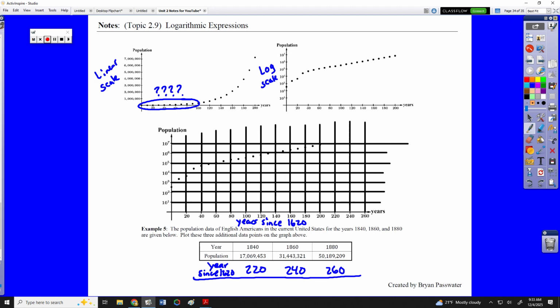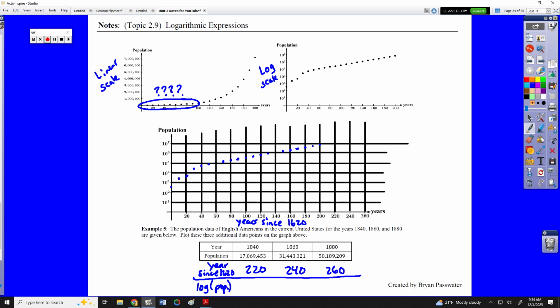Okay? And right now, we have this data here that has already been graphed for us. So now we're going to add 3 points to this graph. And those 3 points are these populations. Okay? So 17,069,453. If we take the log of that population, that tells us approximately where to graph.